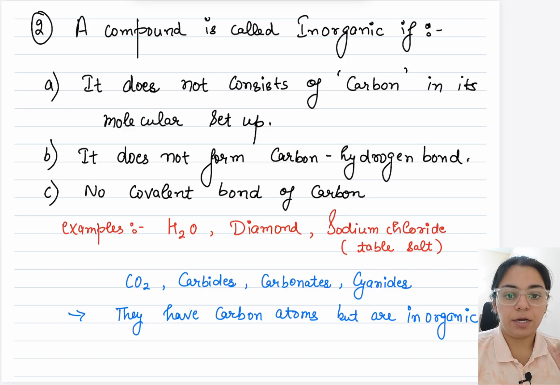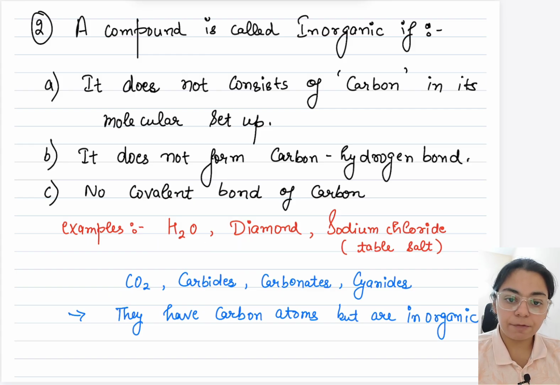Still, we will not call it inorganic yet. We'll look for the third thing: does it form a covalent bond of carbon with any other element? If it does, then most probably, not always, it will be organic. And if it doesn't form a covalent bond with any element, it will be inorganic in nature. So these are the examples.